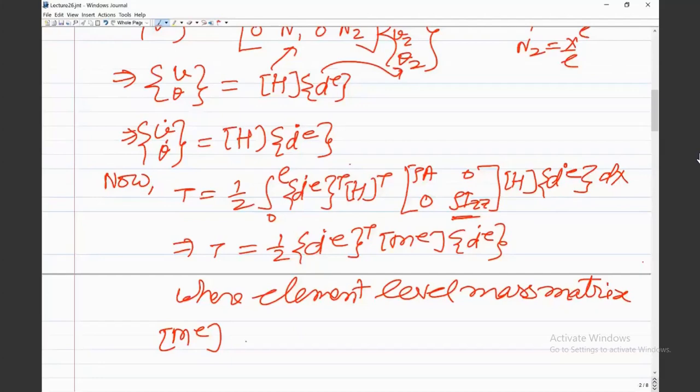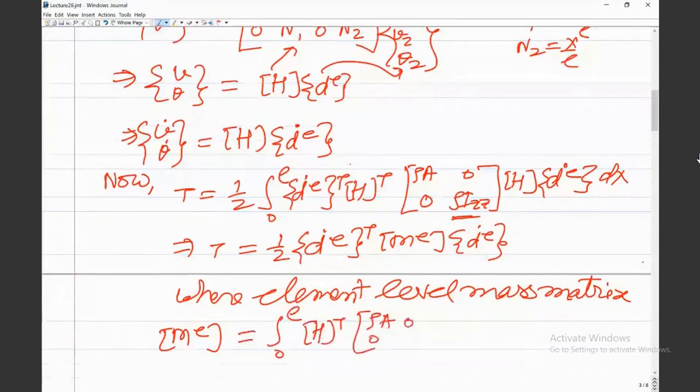So the element level mass matrix ME is integration 0 to L of H transpose, rho A, 0, 0, rho into Izz, into H dx. So this is the element level mass matrix.